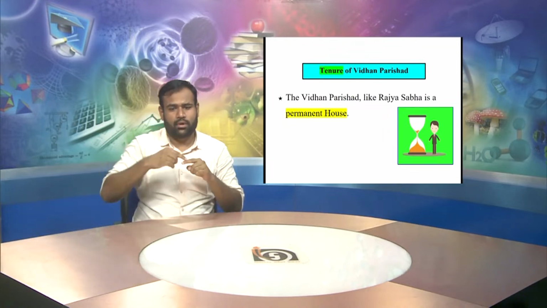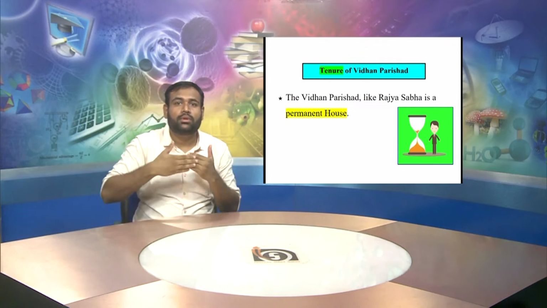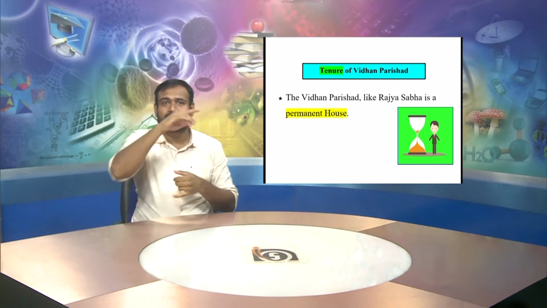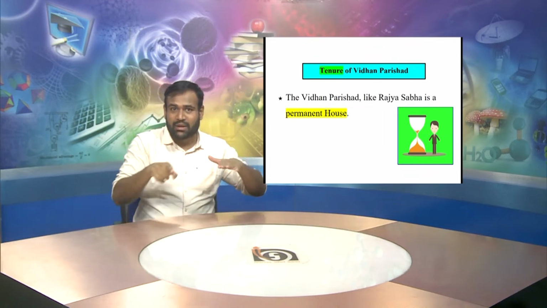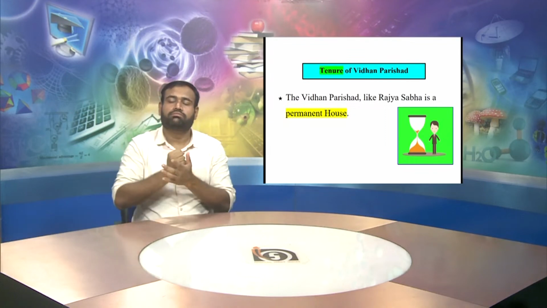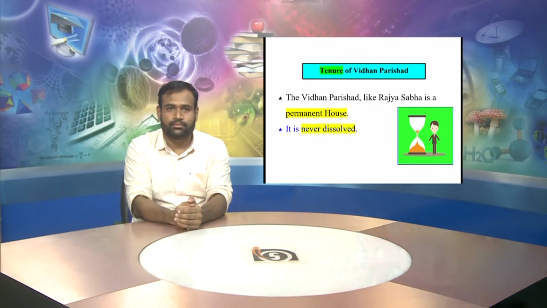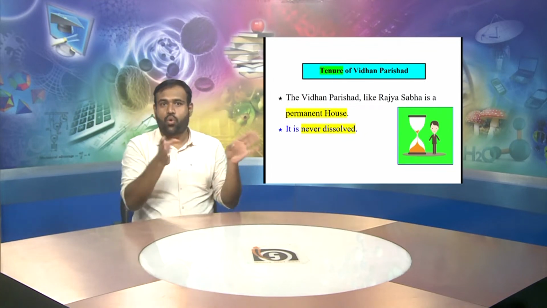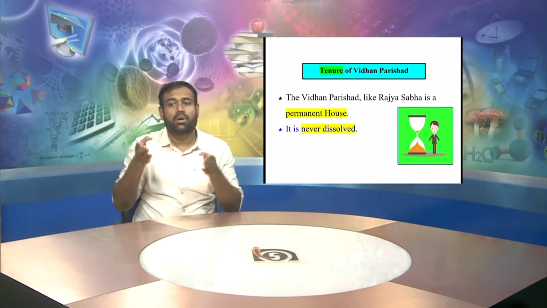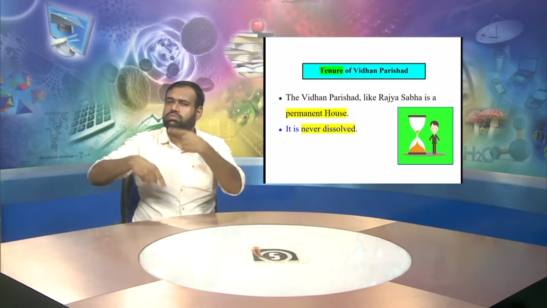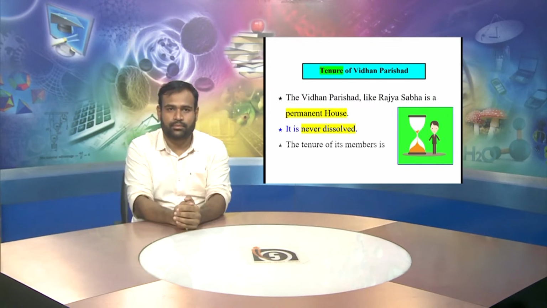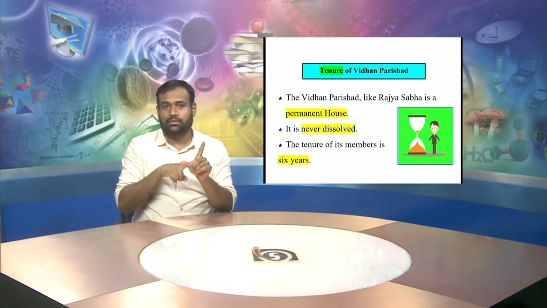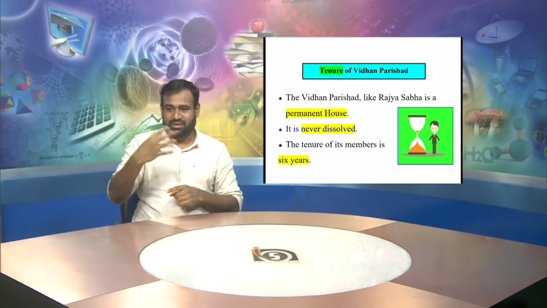Let us now understand the tenure of Vidhan Parishad. Vidhan Parishad, just like Rajya Sabha, is a permanent house. And this Vidhan Parishad never gets dissolved. The tenure of its members is 6 years.